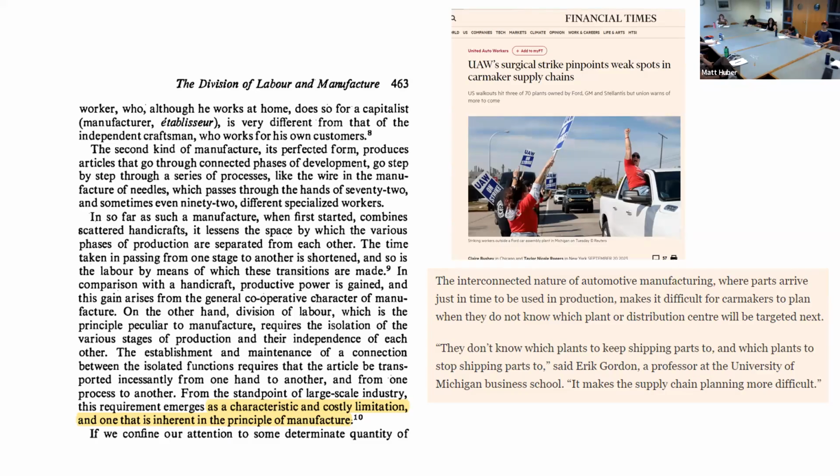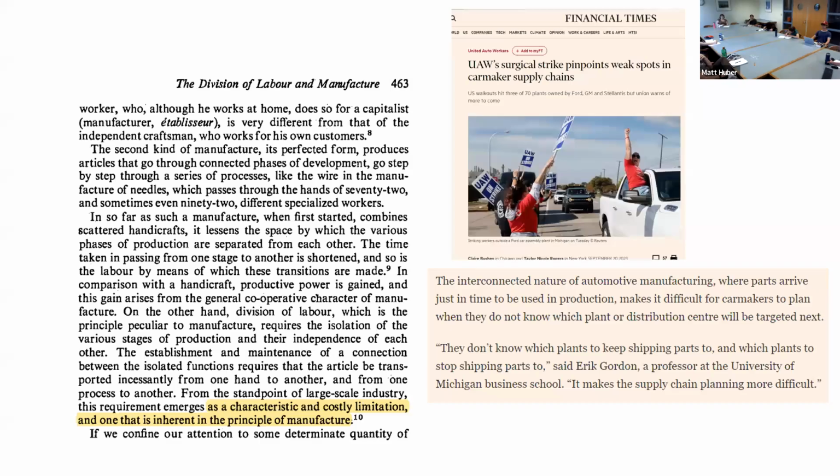They're thinking strategically about what parts of the supply chain are really vulnerable to this interconnected division of labor, and how can we shut down things that can really force the employer to come to the table, hopefully with more gains in the contract negotiations. But that's the strategy, at least.